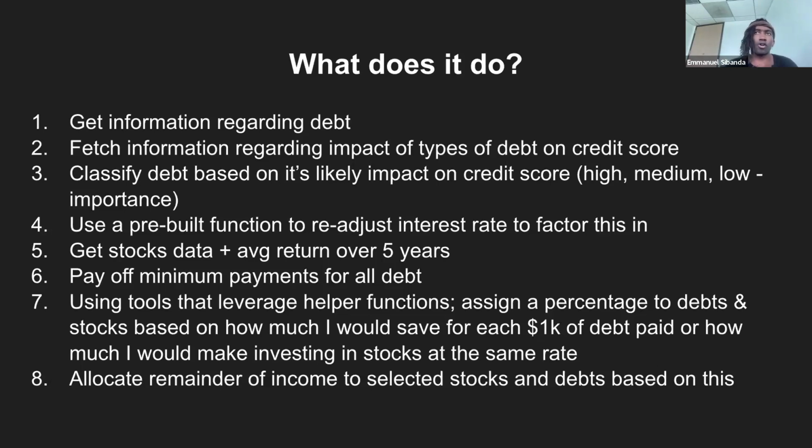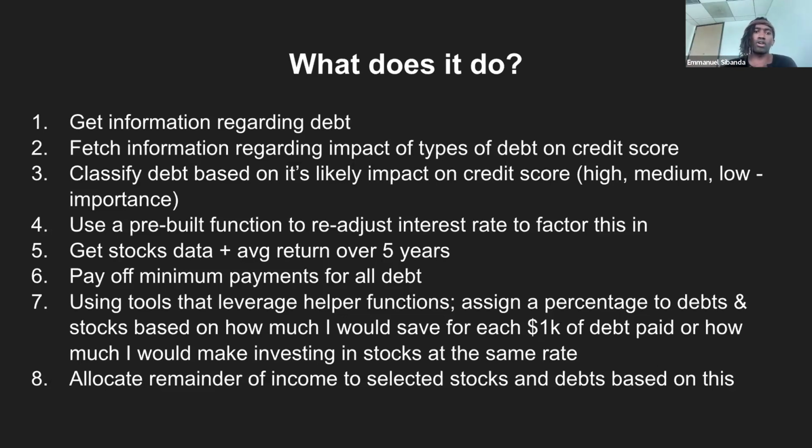For example, some types of debt might have a bigger impact on credit utilization, things like that. It then classifies the debt. From the information it gets from the Google search, it classifies the debt along different areas to understand what the debt's impact on credit score is.